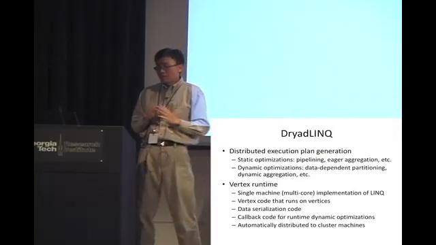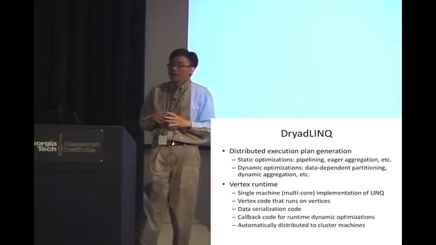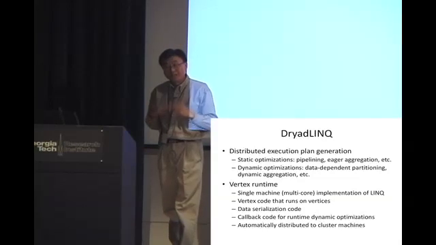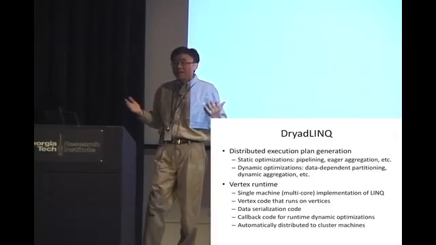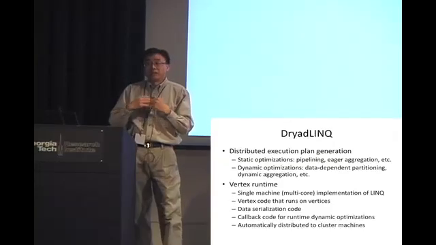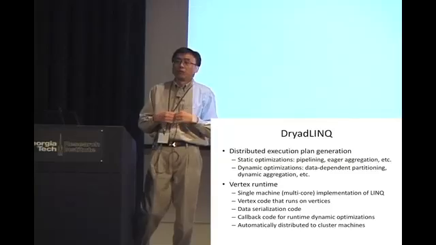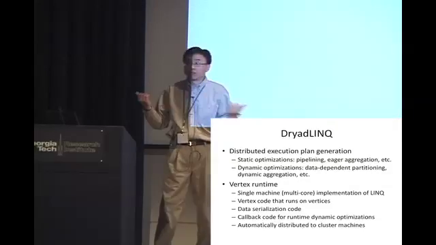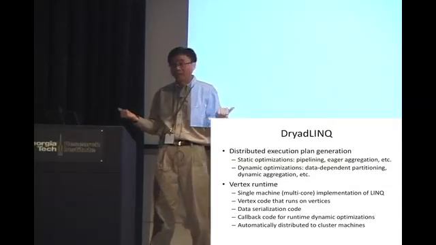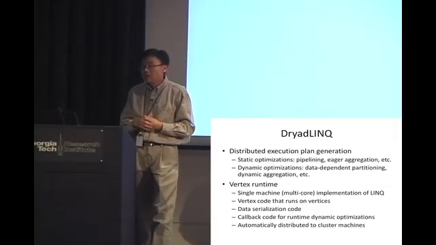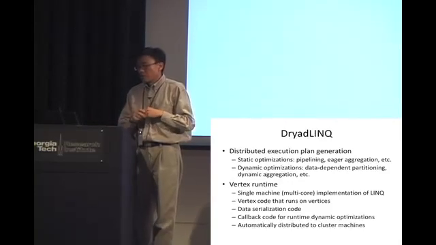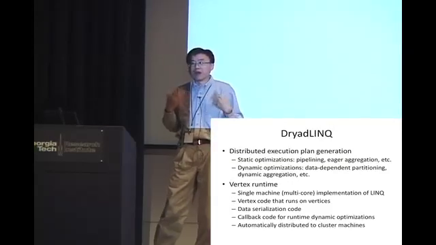You do static optimization, and also dynamic optimization. The dynamic optimization depends on the size of the data and the sampling we do, and we generate different kinds of keys to partition the data. It's data dependent. We also take advantage of the topology of the cluster.